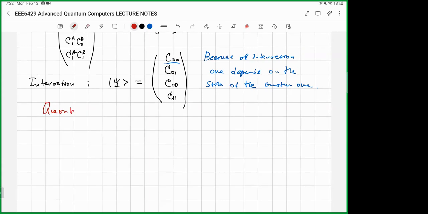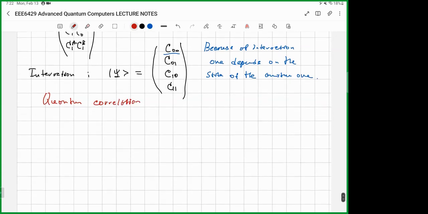Quantum correlation, because if you do something with one part of the system, it immediately affects the state of the other part. For this reason, it's called quantum correlation. The two subsystems are basically correlated.